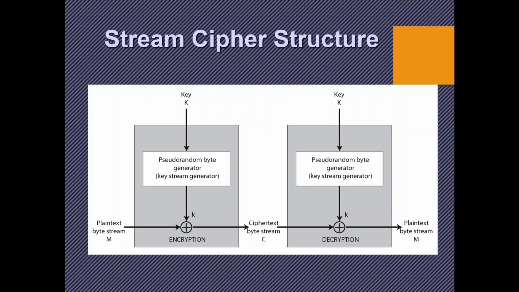Encryption happens and the output obtained is the ciphertext for that byte stream. When the ciphertext byte stream is XORed with the key again, the plain text byte stream M can be obtained at the receiver side.